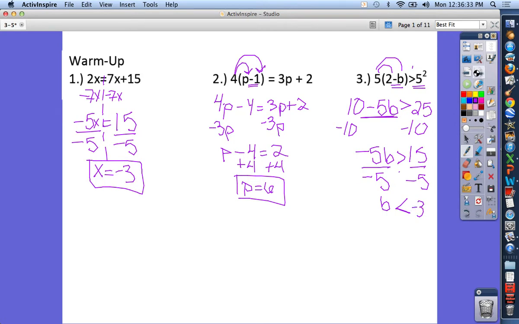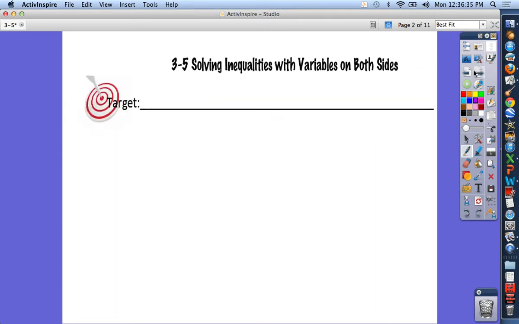All right, so now we're going to be solving inequalities with variables on both sides. The first thing, 3 little steps.